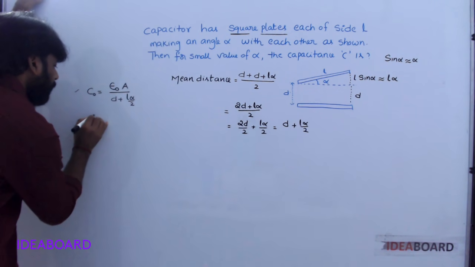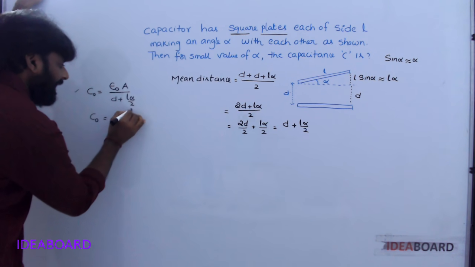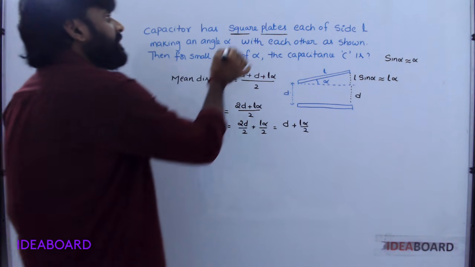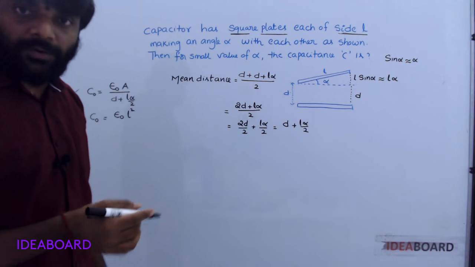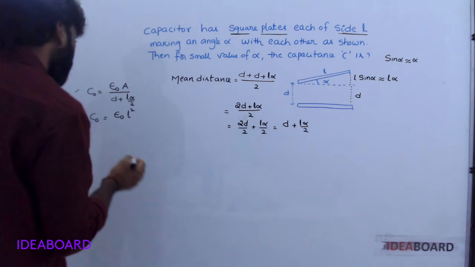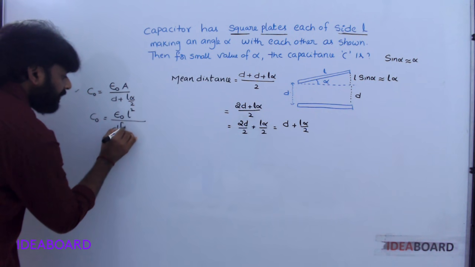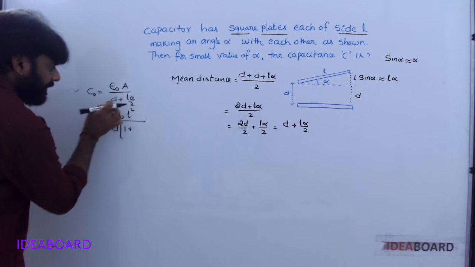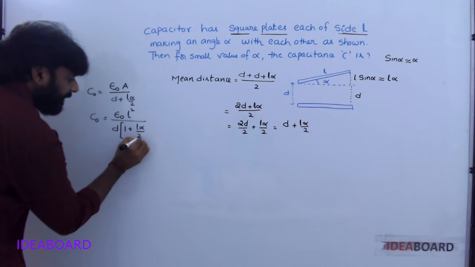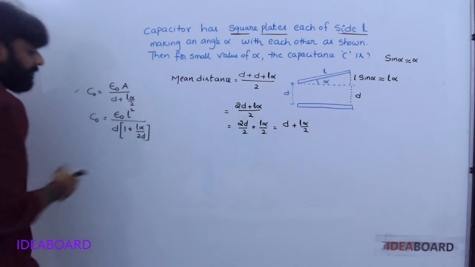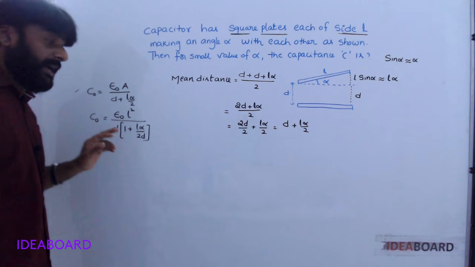Understood? Now C is equal to epsilon naught A, and A is L square. Why have we taken L square? Because the plates are square, each of side L. The area of the square plate is L square. Here taking the common D out, L alpha by 2D. Taking the common D, 1 plus L alpha by 2D.